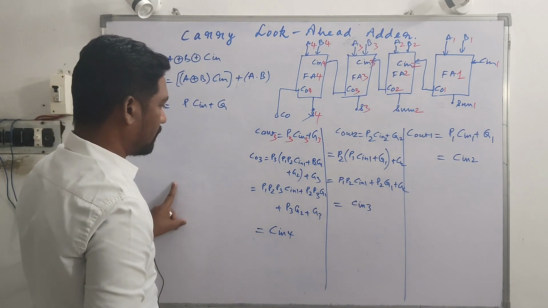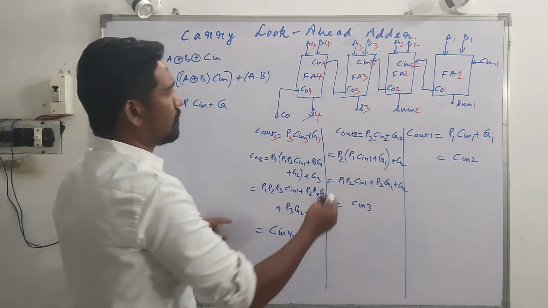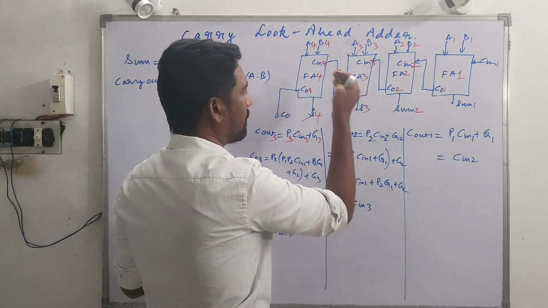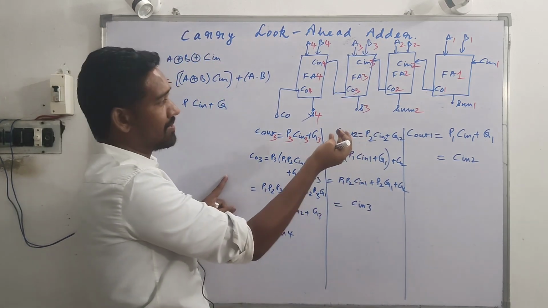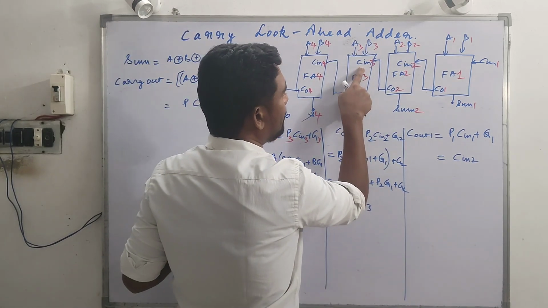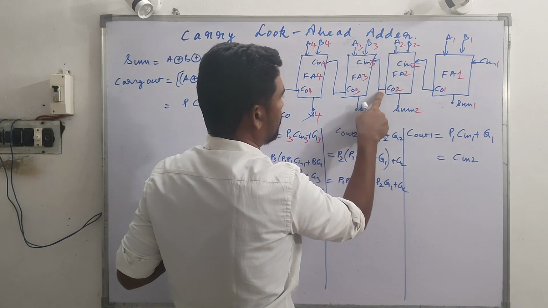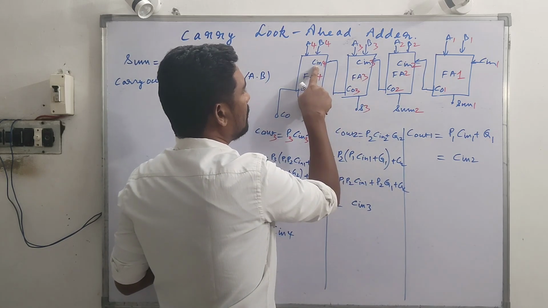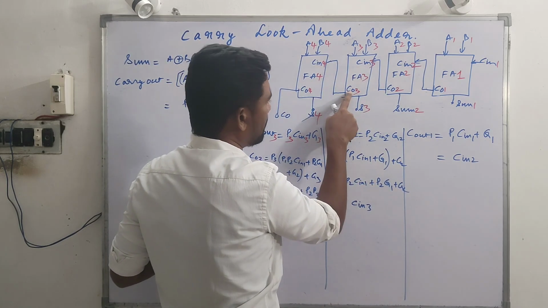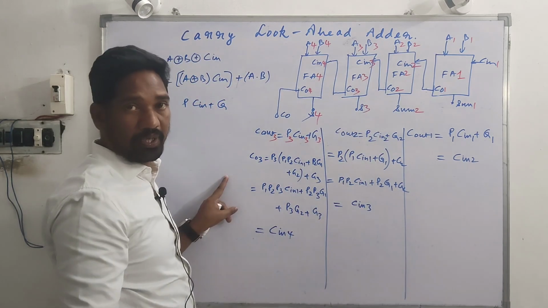In the case of the parallel adder, what it says is C in 3 has to wait for the commencement of C out 2, and C in 4 has to wait for the commencement of C out 3, which is time consuming.